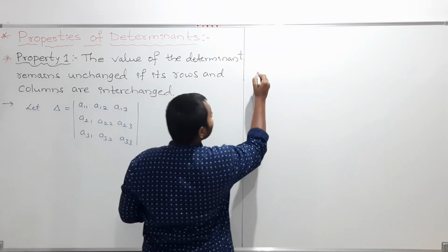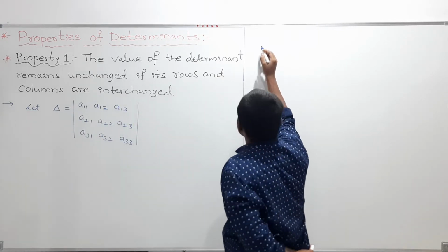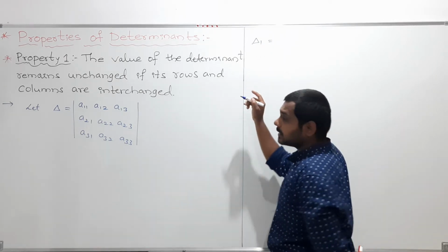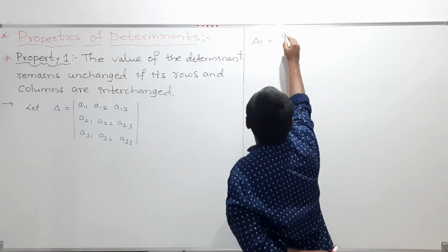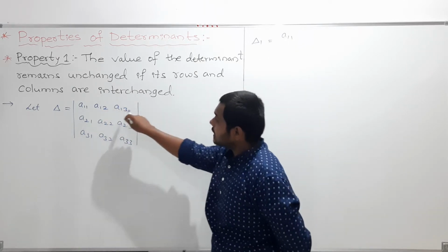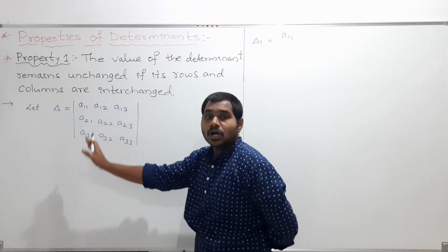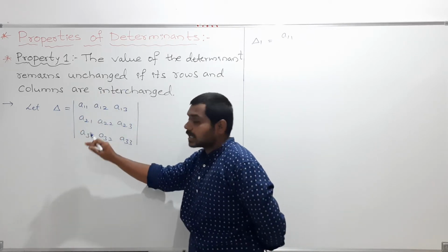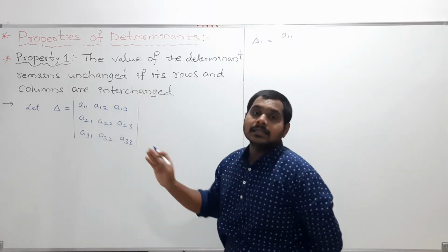Another determinant I am taking here is delta 1. Whatever the rows are there, I am taking them column wise. The first row I am taking as first column, second row as second column, third row as third column.